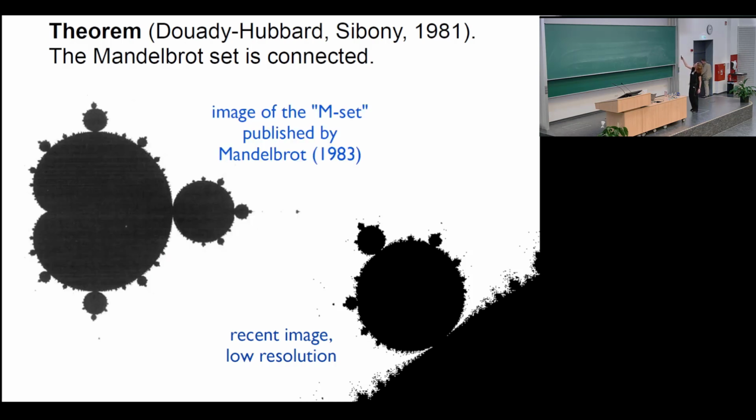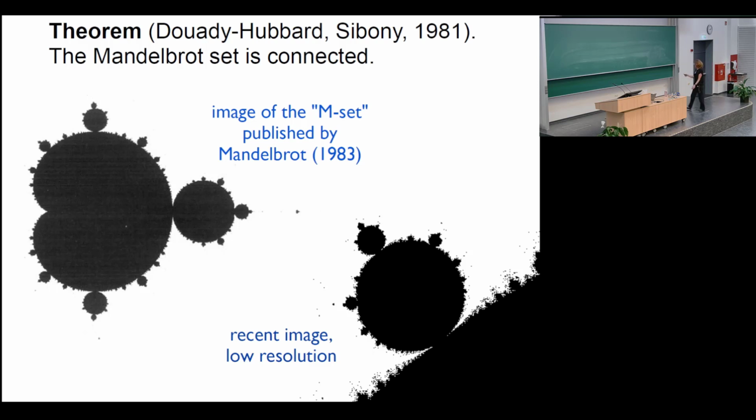Here's another image, by the way, from just a few years after that first image. This one is not one of his first, but this one was published in 1983 in an article of Mandelbrot. He called it the M set at the time, and then later, mathematicians referred to it as the Mandelbrot set. Anyways, that was, of course, a much better image than this low-resolution picture that I've produced, but you still see these little specks of black.